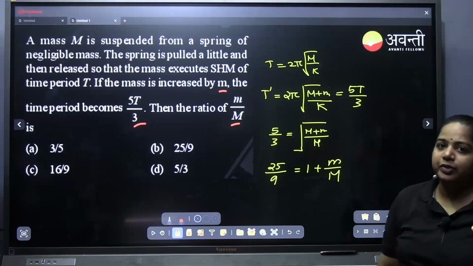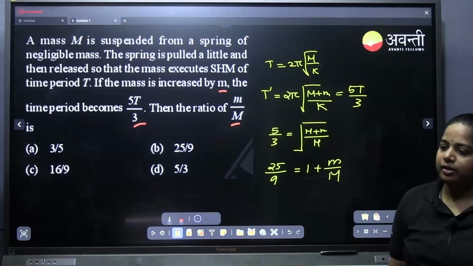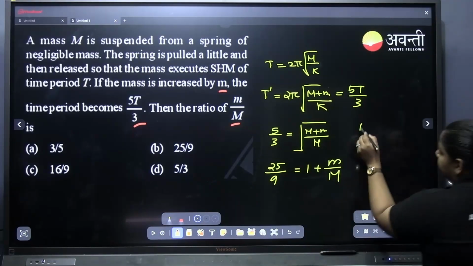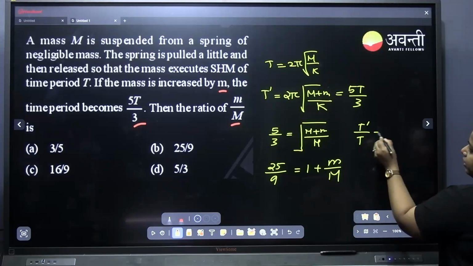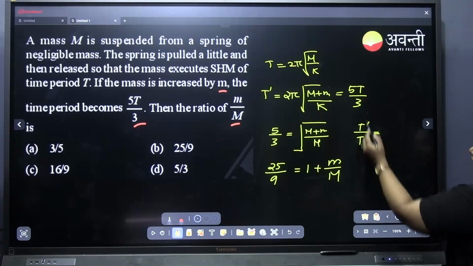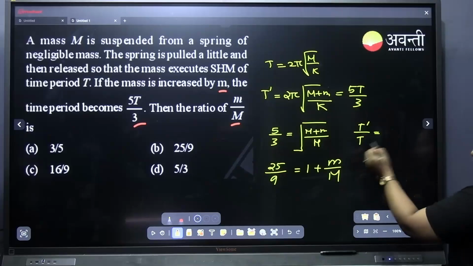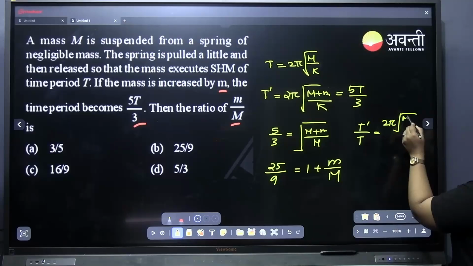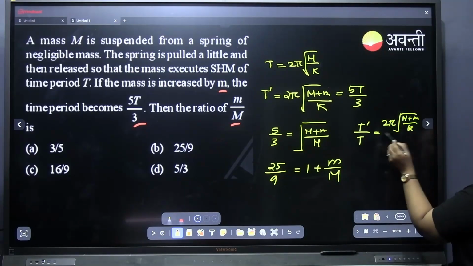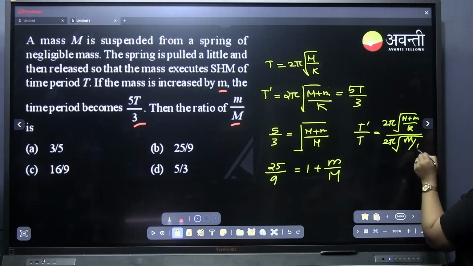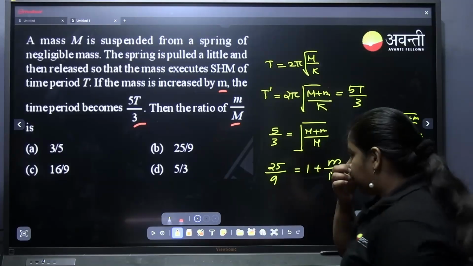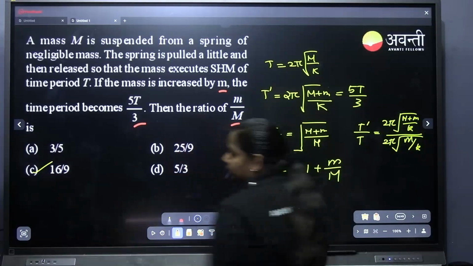We are taking the ratio, right? Like we are doing T dash divided by T. So T dash equal to 5 by 3 T, T cancels, then 2 pi root of m plus small m by k divided by 2 pi root m by k. So 2 pi cancels. Okay, yes, option C is the answer. Good.